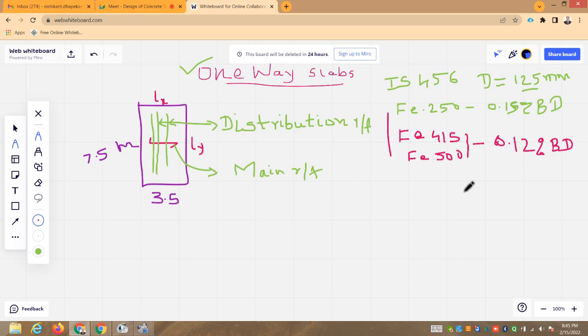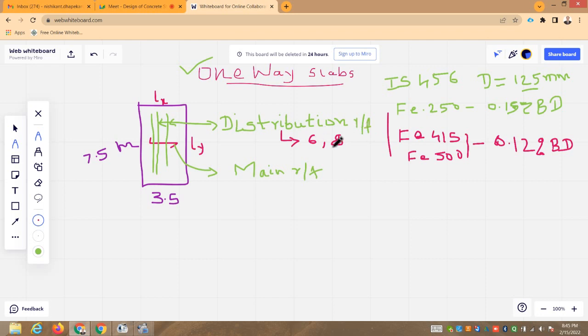Now, minimum diameters to be provided. Generally in practice, as a part of distribution reinforcement, 6 mm dia bars and 8 mm dia bars are used, depending upon the load intensity on the slab, which generally ranges in residential buildings from 6 to 7 kilonewtons per meter square.